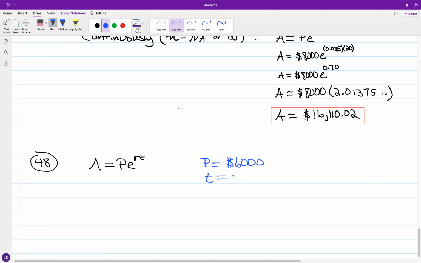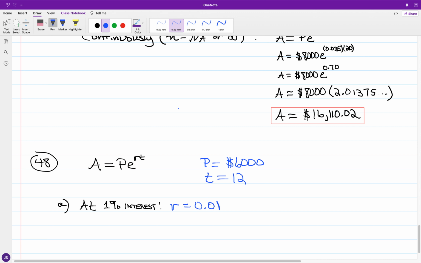And for A, we have 1% interest. So for r, going from percent to decimal, r is going to be right at 0.01.